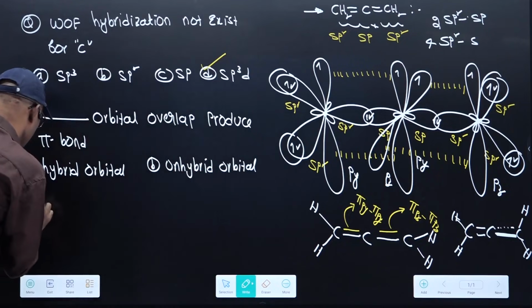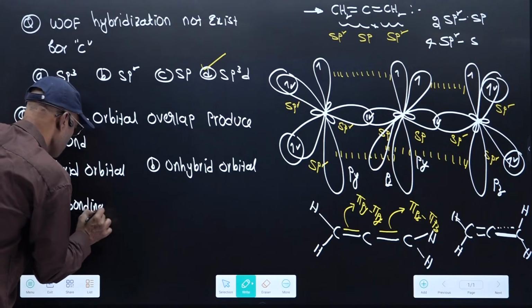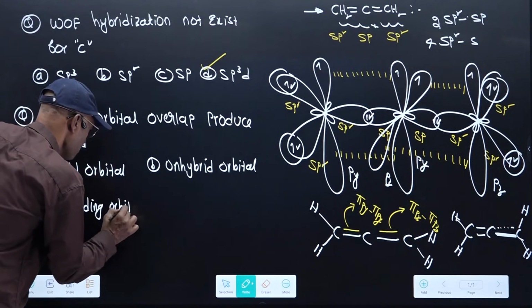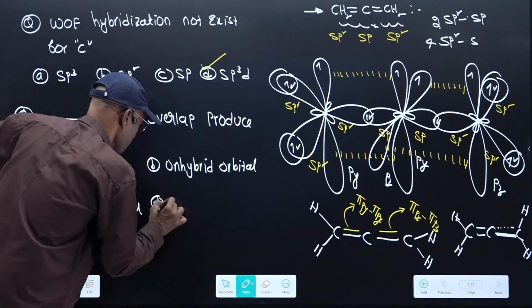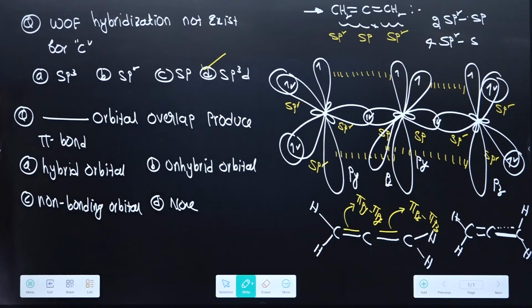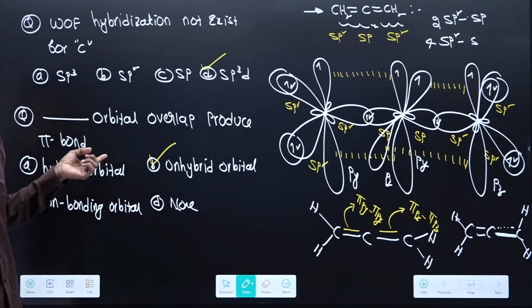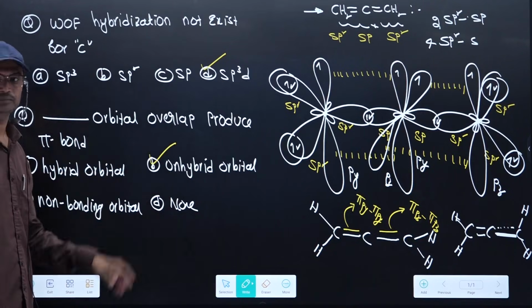Option C, non-bonding orbital. Option D, none. Which orbital overlap produces a pi bond? That is unhybrid. Unhybrid is also called pure orbital, also called real orbital.